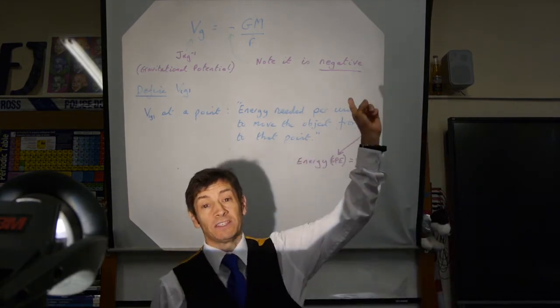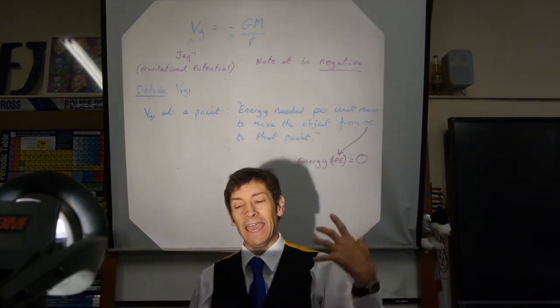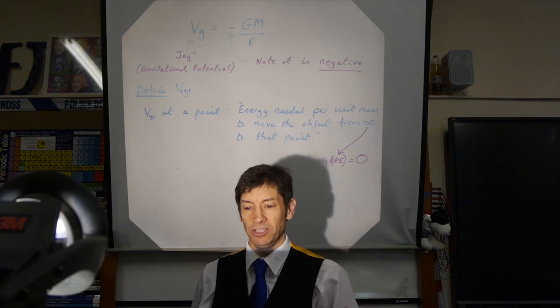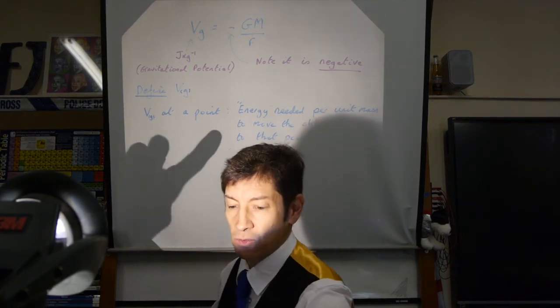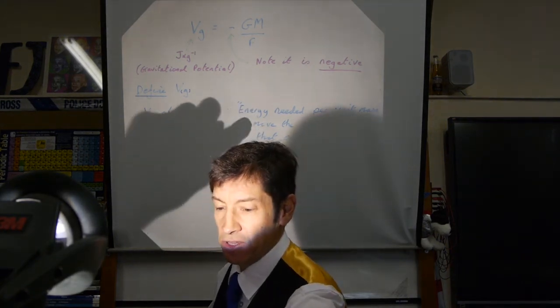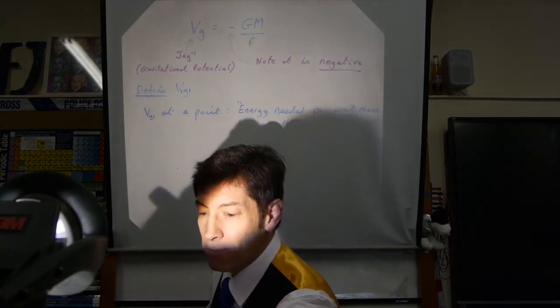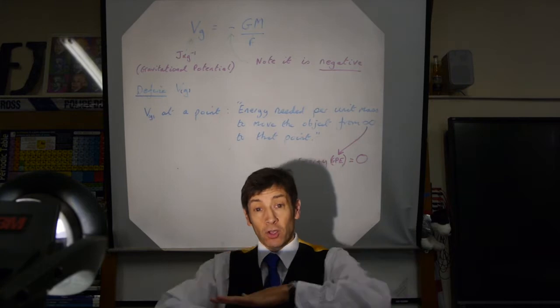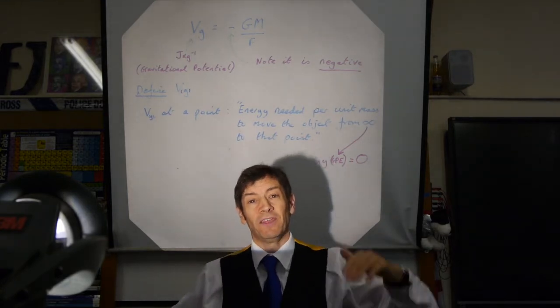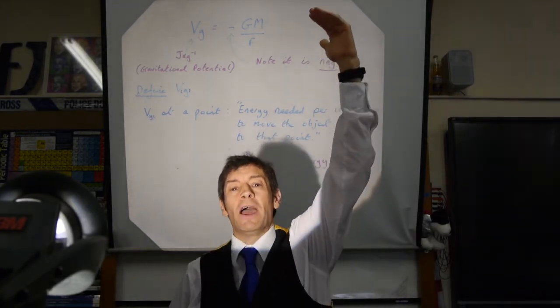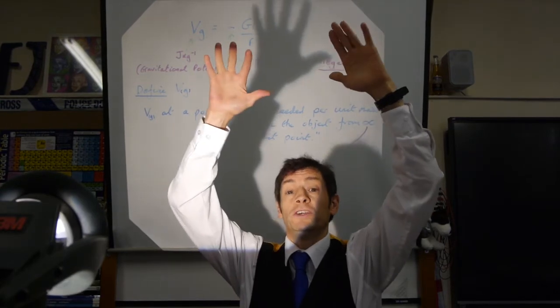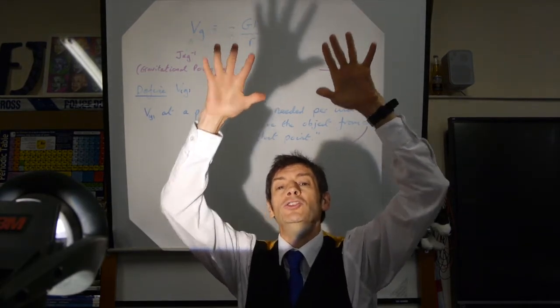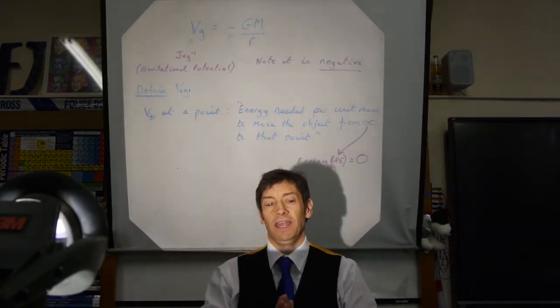So if I go upstairs to biology, I gain gravitational energy, but this is all about the energy needed per unit mass to move the object from high up to that point. So if I call this area 0, then if I'm in biology, as I come down from the new 0 that we're defining, I lose gravitational potential energy.